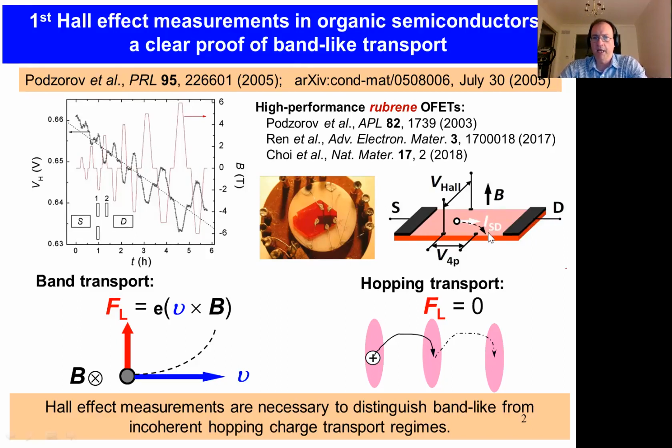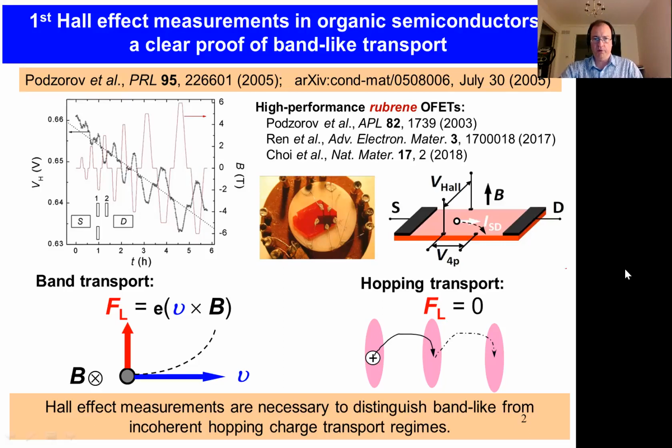And in these conditions, there is a Lorentz force acting on the charge carriers sideways, causing their trajectories to bend towards one side of the channel. And this leads to the formation of the Hall voltage in the transverse direction across the channel. And this is what we measure, this V Hall, shown here, for instance, in this original experiment by these black data points.